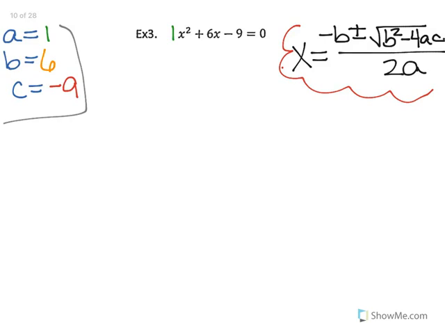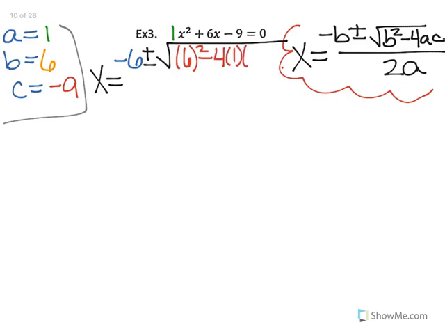Now, we're going to start with x equals, the formula starts with a negative, and then we have our b value, which in this scenario is 6. Then we've got plus or minus the square root of, in parentheses, 6 squared minus 4 times 1 times our c value, negative 9. All divided by 2 times our a value, which is 1.